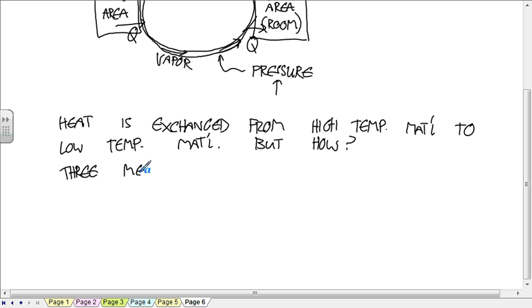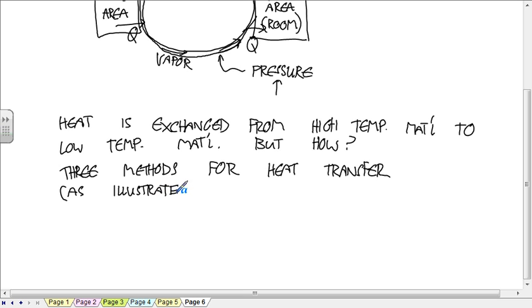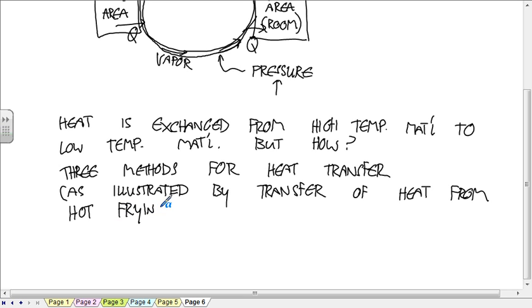So three methods for heat transfer, as illustrated by the transfer of heat from a hot frying pan to a human tongue.